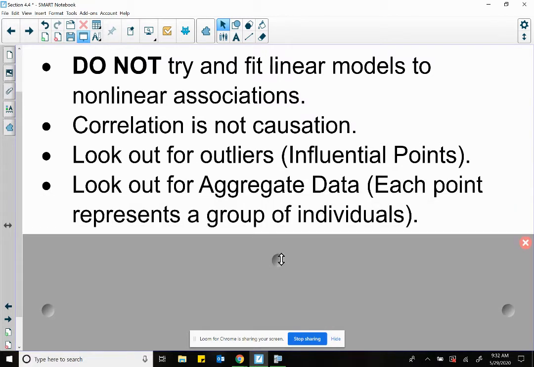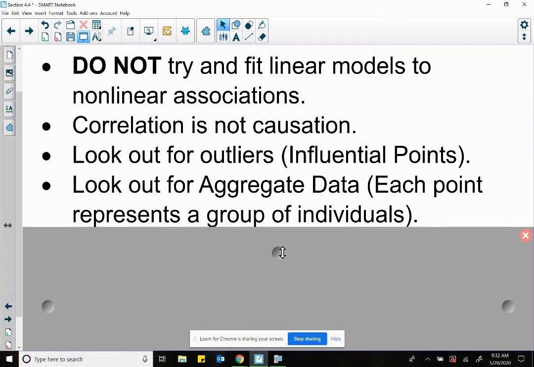Also, be careful with aggregated data. Aggregated data means that each point represents a group of individuals. You've seen aggregated data before, I'm pretty sure in 4.2, where each data point represents a group of individuals.